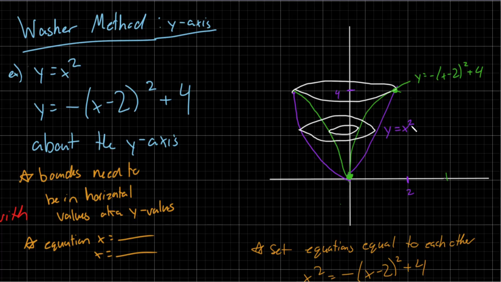Y equals x squared. Great. Set up your function from that. Set up the equation. Yep, so our green one, which was this equation, is going to be our smaller radius. And the purple one is our outer radius.